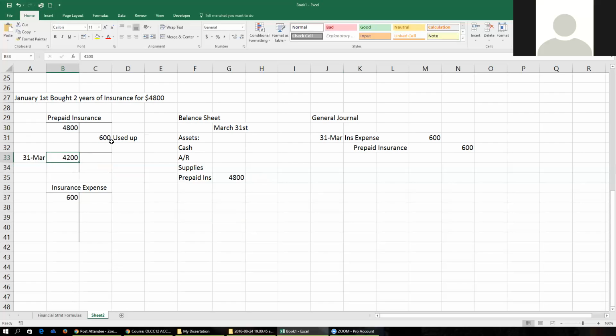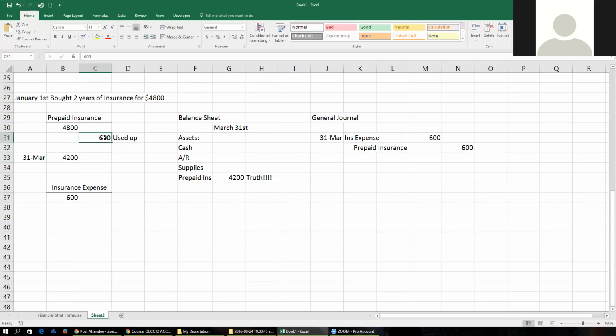So I need to remove $600 because it's 3 months, $200 a month. $600 needs to come out of the prepaid insurance account. If I were to credit this account $600 with a debit balance of $4,800, it would work out to a final balance of $4,200, which would go here, okay? And then the balance sheet would tell the truth.